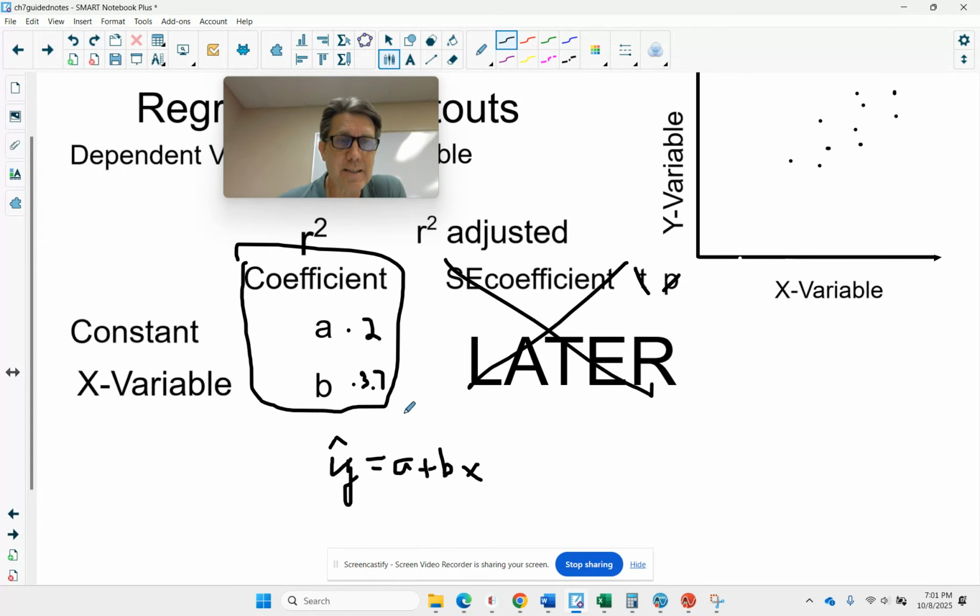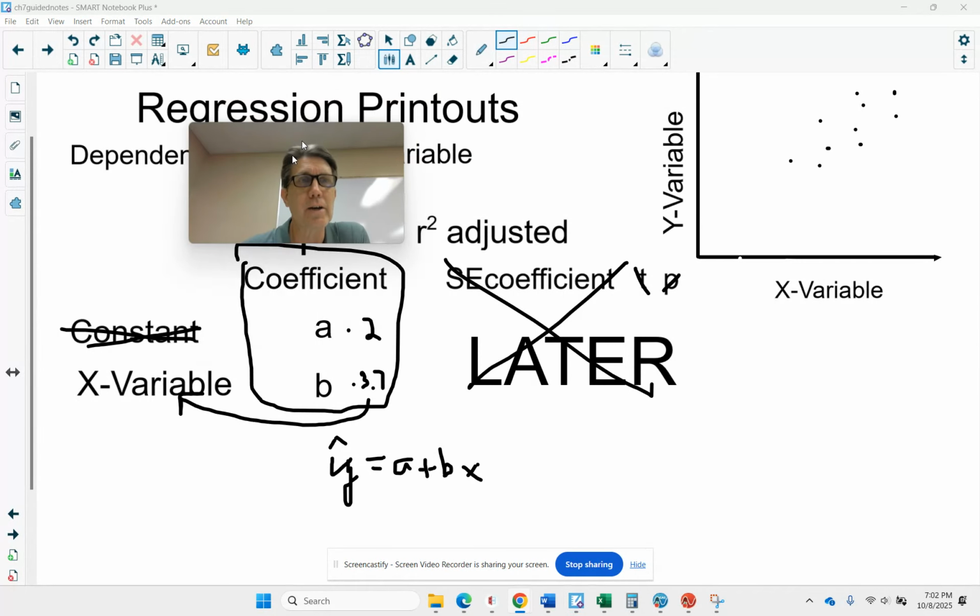Then whatever's next to B, remember B is always next to X. It's a little bit backwards on the regression printout, but whatever is here, that is the X variable. So if it says weight or height or something like that, that is the X variable. This is, however, not the Y variable, because the Y variable isn't next to A. You have to look elsewhere.